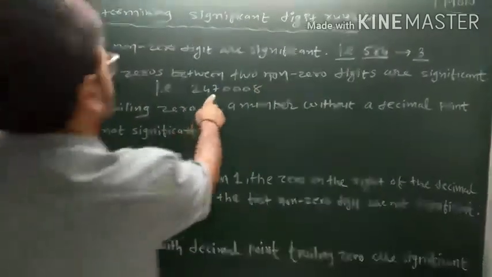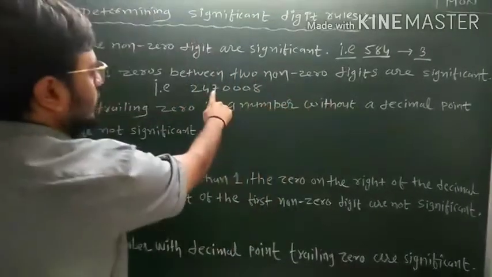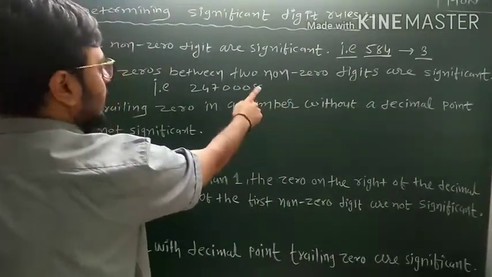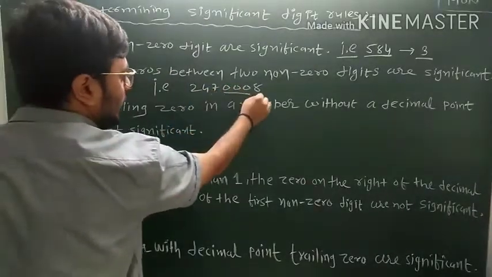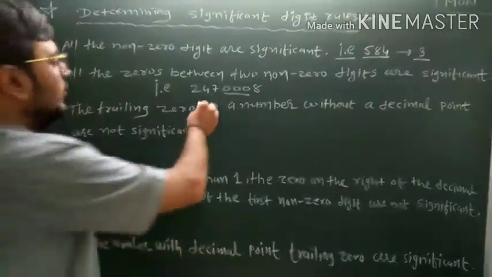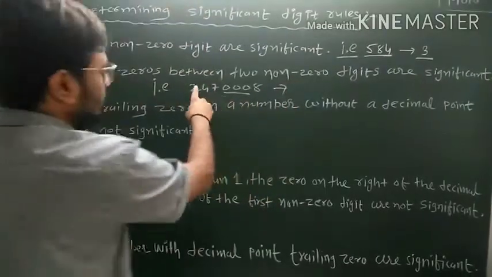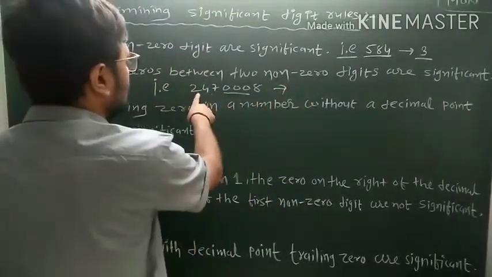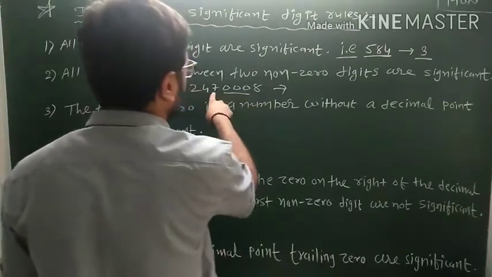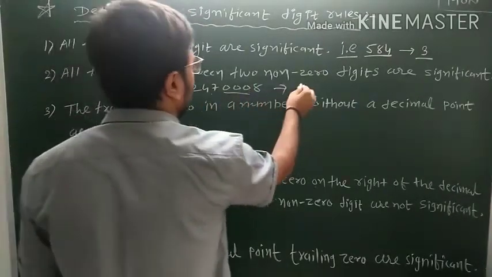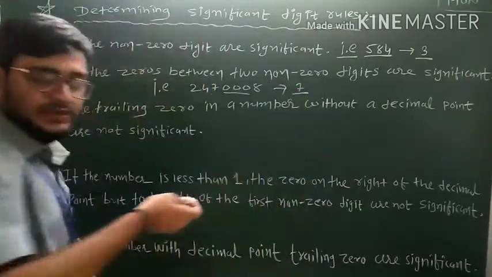The zeros between the two non-zero digits are significant. So here the significant figures are 24700008, that is 1 2 3 4 5 6 7, 7 significant numbers.